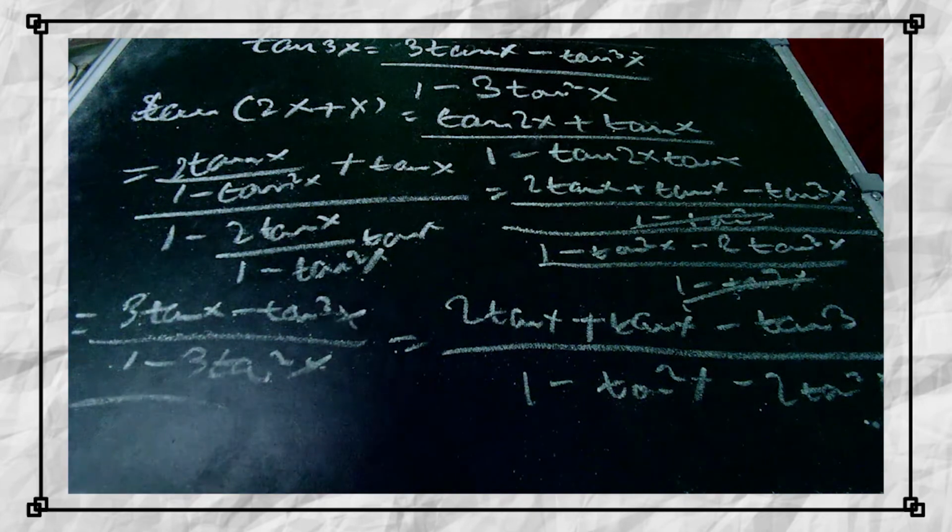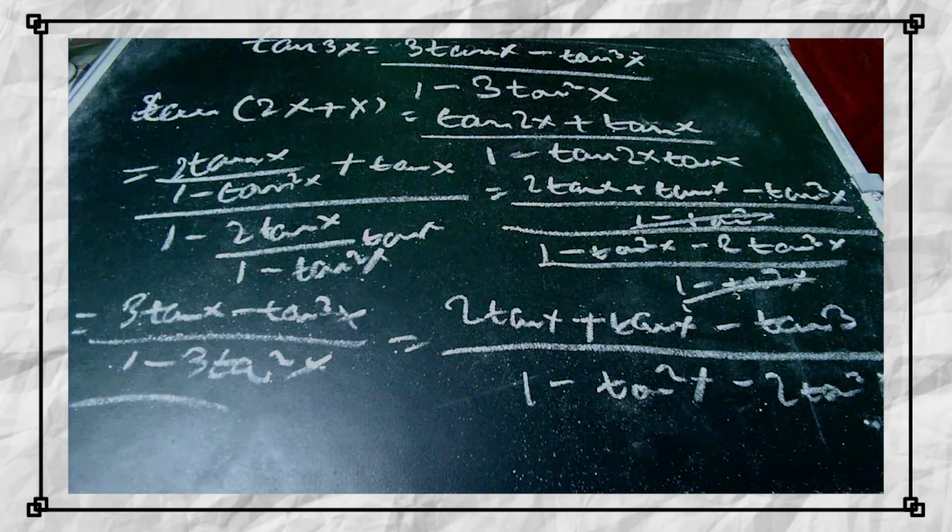So our formula is derived: 3 tan x minus tan cube x whole divided by 1 minus 3 tan square x. So this was the derivation of the formula tan of 3x equals 3 tan x minus tan cube x whole divided by 1 minus 3 tan square x.